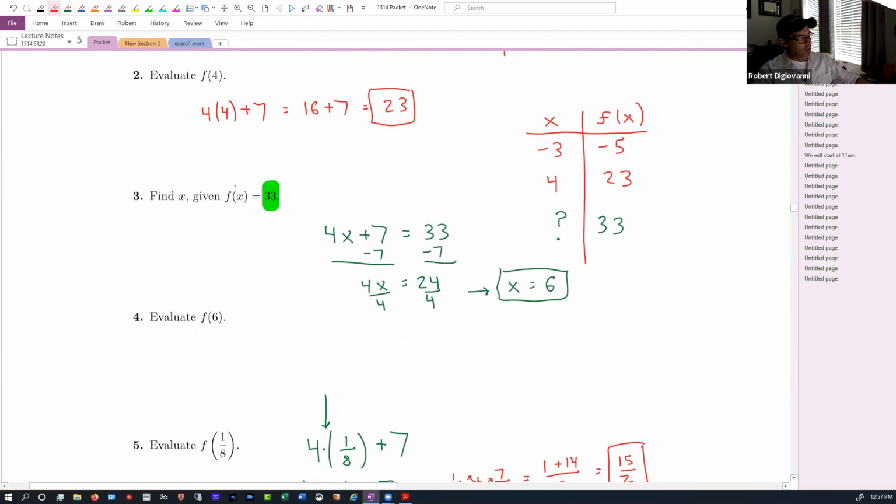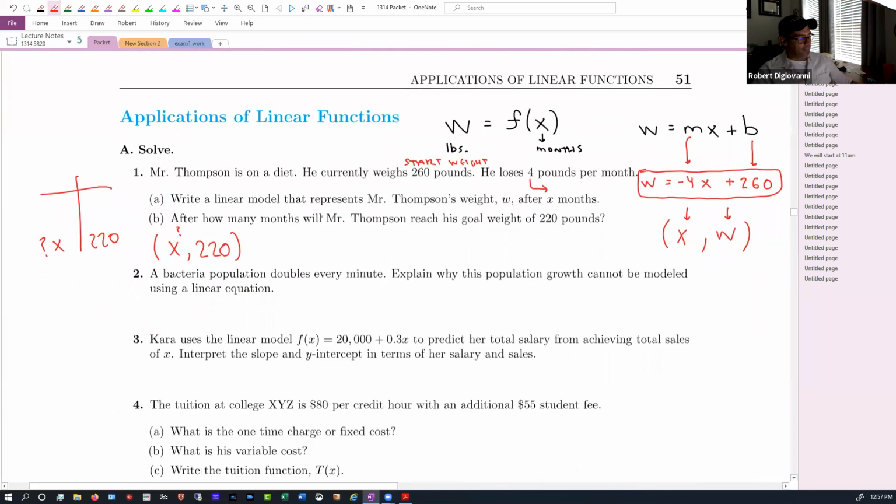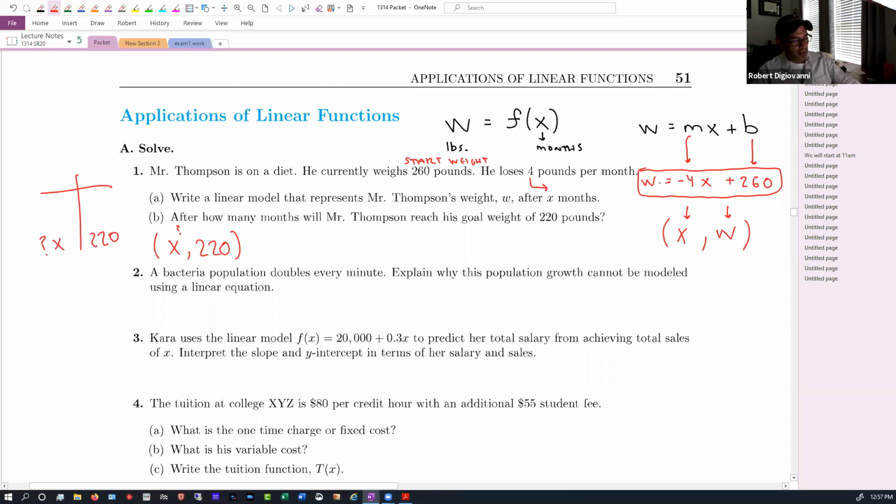We did it right here, right? When we wanted to know when the function was equal to a value, we set the equation equal to that number. That's exactly what we're going to do here. We take the equation, and we replace the W with 220.